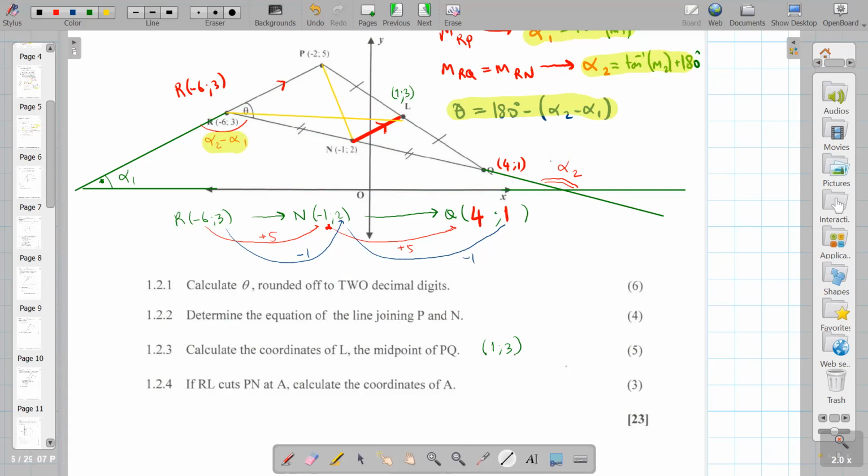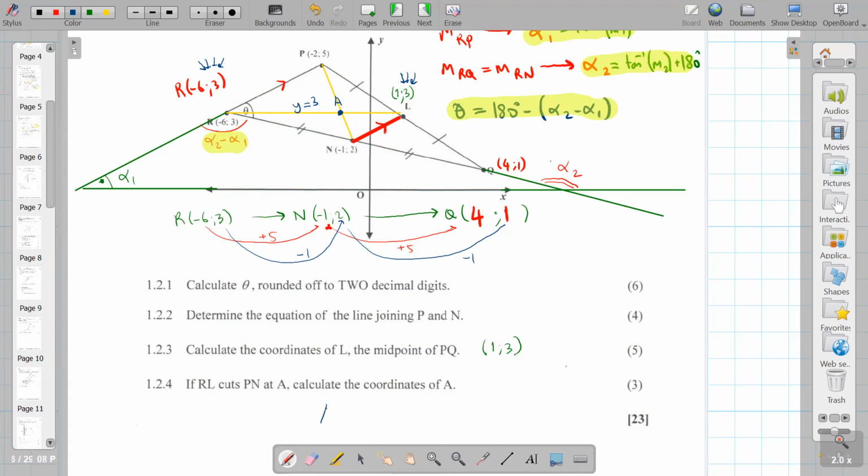RL. Oh, by the way, I think that's why it is not more marks, because RL is a special line. What kind of a line is it? It's a horizontal line. You see the y coordinates, both y coordinates are 3, -6 and 3, and 1 and 3. So when you get it, this line equation is y equal to 3. So what we are going to do is find the coordinates of the point they intersect. A is a point here.